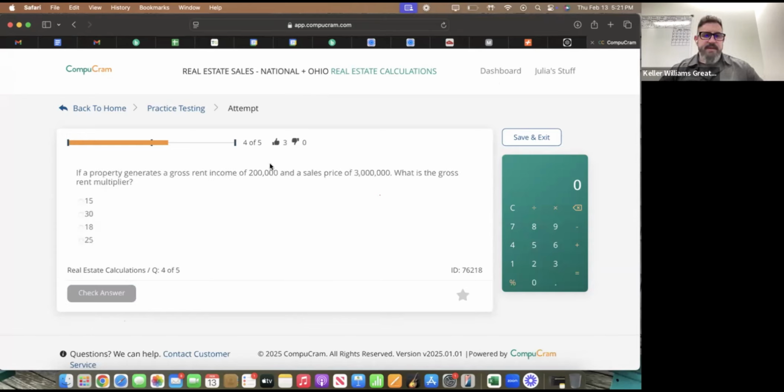All right, next question. If a property generates a gross rental income of $200,000 and a sales price of $3 million, what is the gross rent multiplier? Oof, I did not like this question.